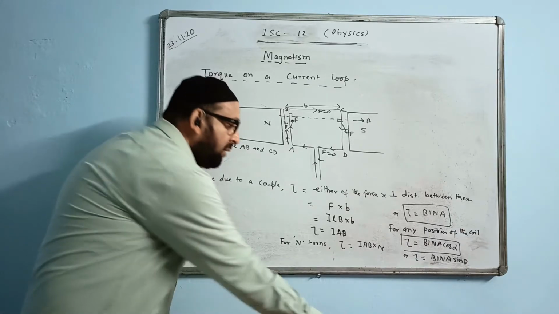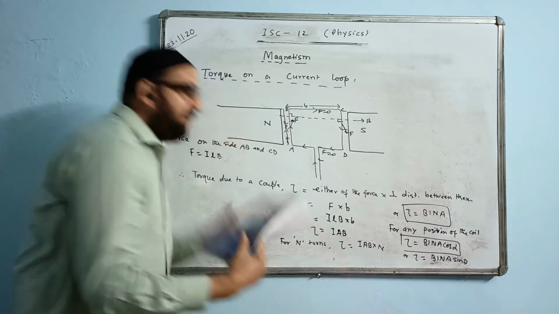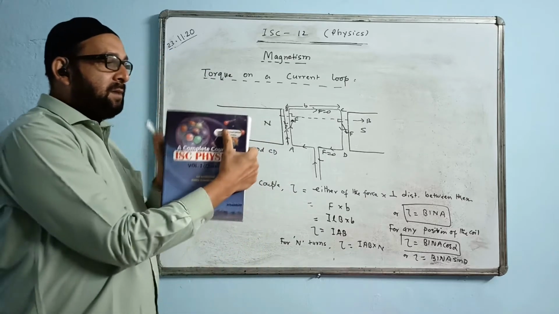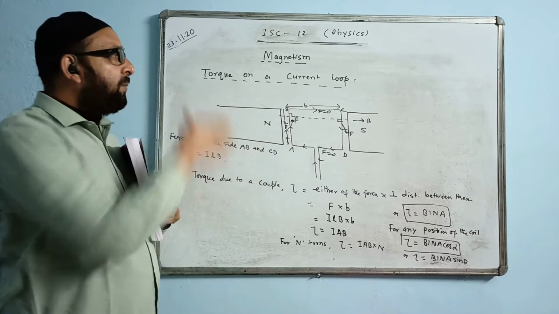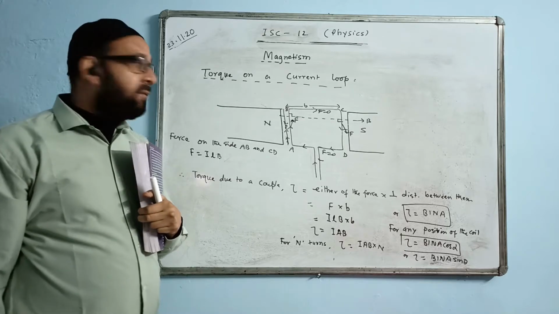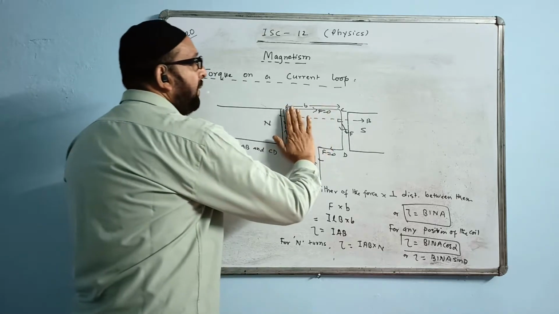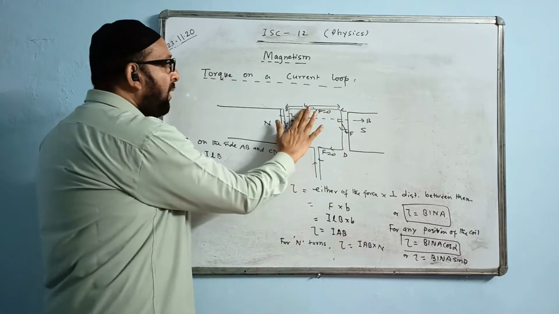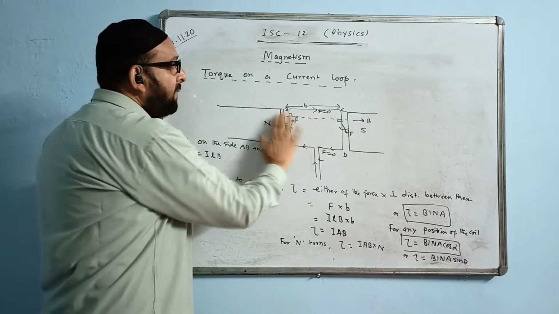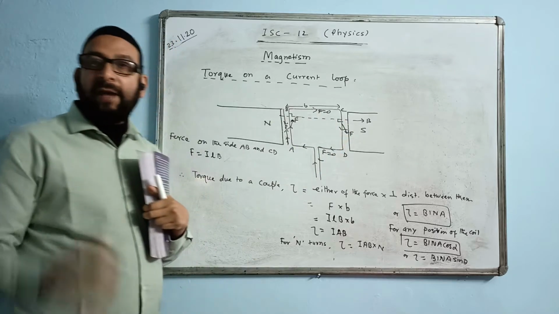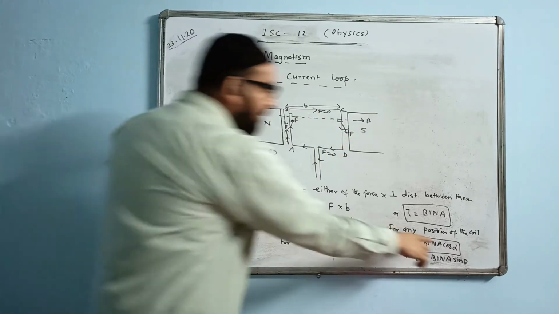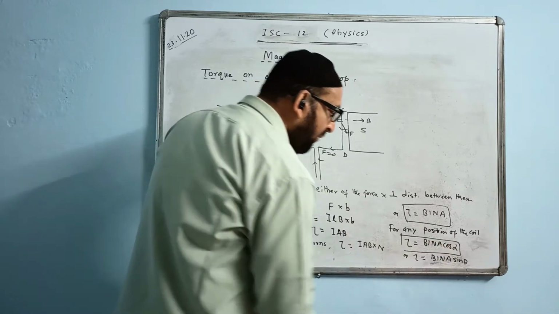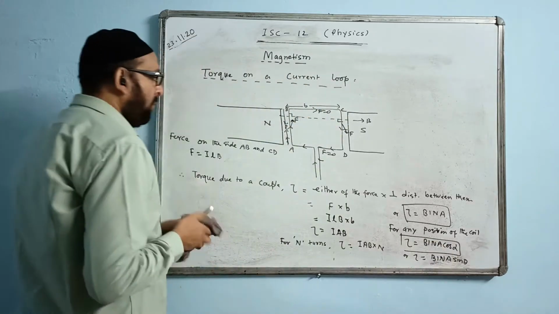Actually, what happens during the rotation of the coil, when the coil starts rotating, the angle keeps changing. What is that? Just know the angle of the plane of the coil. The plane of the coil is decided by the breadth. When the plane of the coil is parallel to the magnetic field, that means the value of the angle is 0 degrees, that is alpha is 0 degrees.